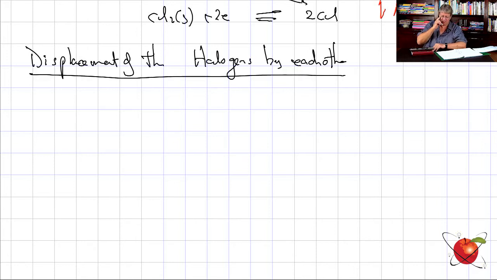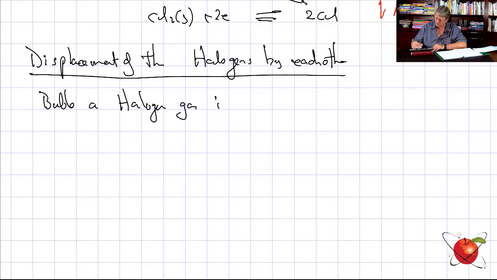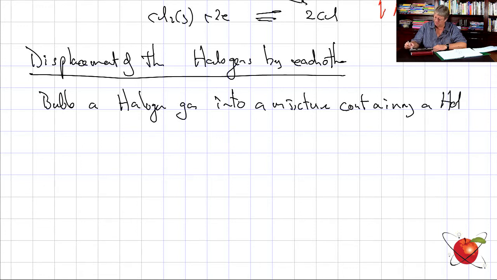What I'm going to do here is we're going to bubble a halogen gas into or through a mixture containing a halide. And the difference is that is an ion. The halide is an ion.